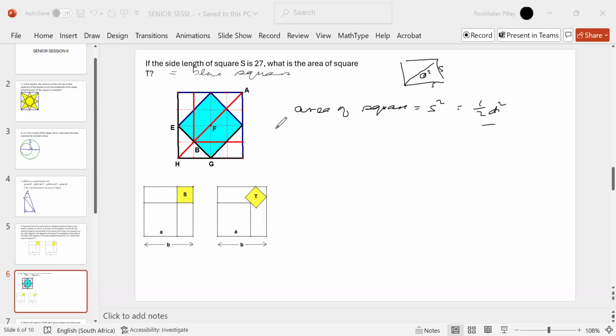So this red area is half the square of the diagonal. So AB squared. Right? And we know the red area is 729. It's given. And then the area we're looking for, area of T, is the blue area. Right?